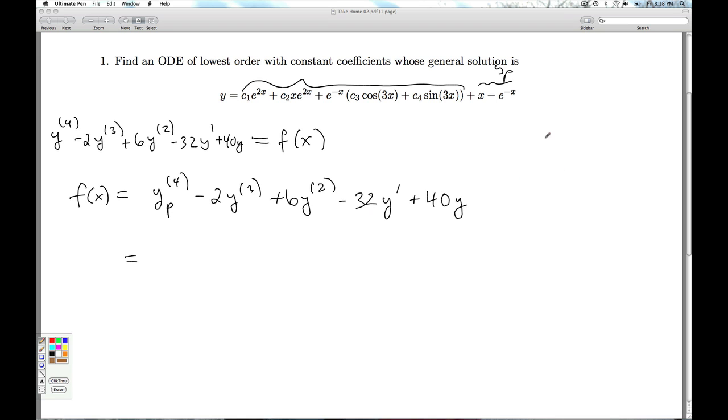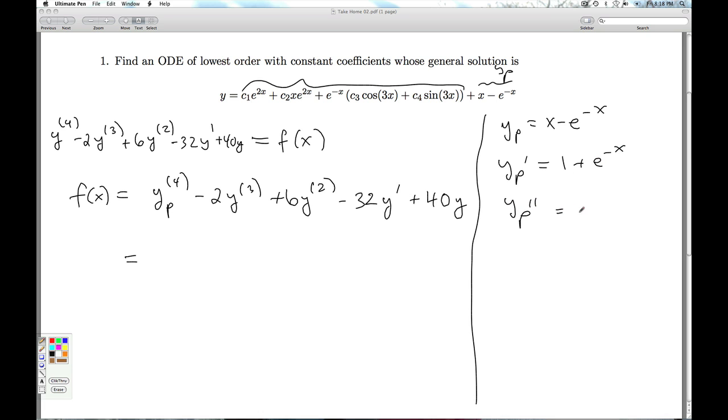So I take my yp, I'll make a little column here. My yp is x minus e to the minus x. I'm going to start taking derivatives of it. I'm going to take this and plug it into that DiffyQ.